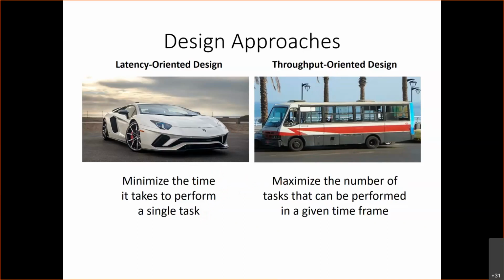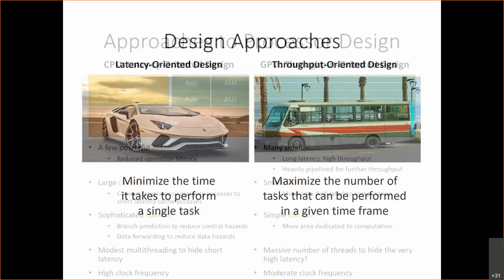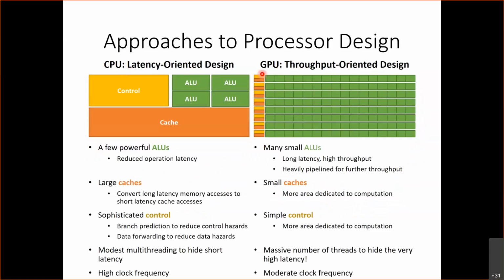And the same goes between CPUs and GPUs. So a CPU is an example of a latency-oriented processor, whereas a GPU is an example of a throughput-oriented processor. And we saw how this gets reflected in how these architectures are designed.